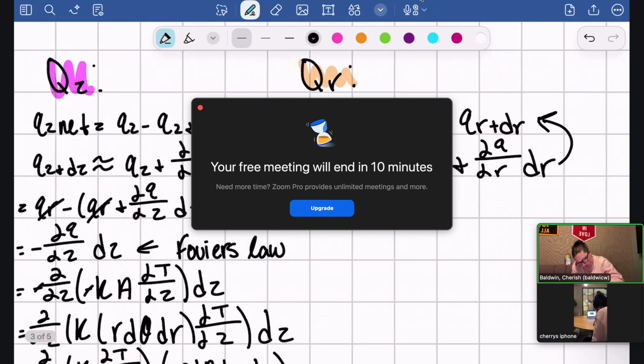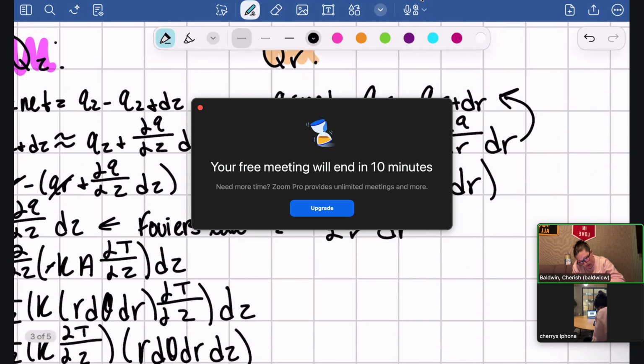So then that gives you Qr, and these cancel out. So then that gives you negative partial Q over r dr.